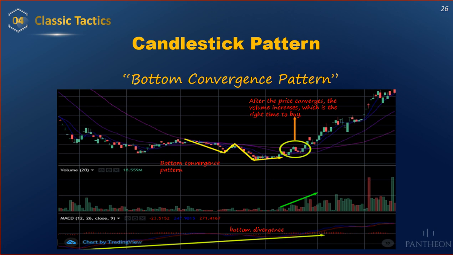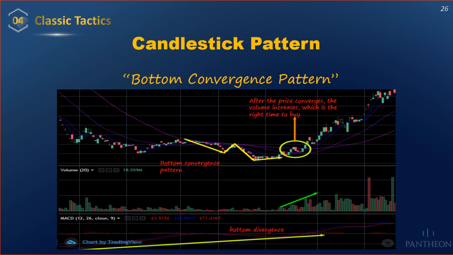So there are things you have to actually look into the chart and monitor, not just think that it's the right time and throw everything in. Sometimes we start off with a small position first. If it goes as we think and the trend is right, we add to our position.